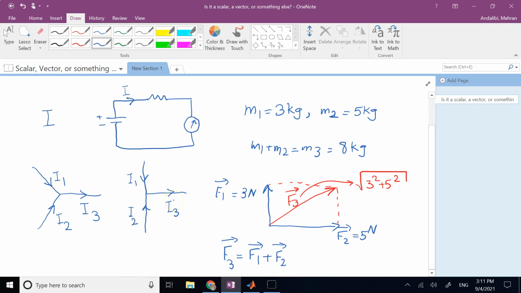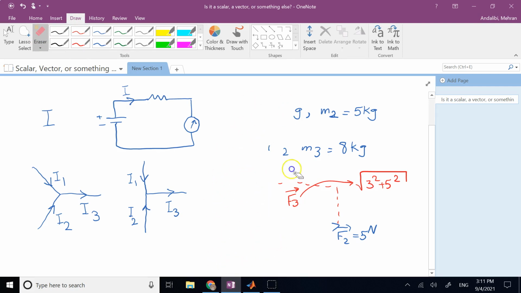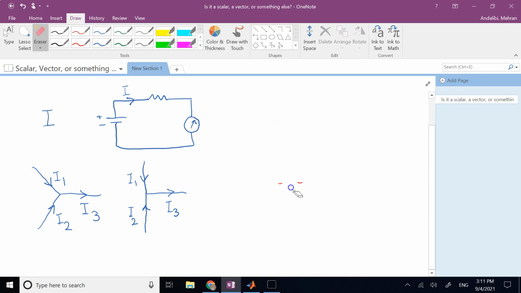Now the question is, what is the relation between I1, I2, and I3? My student would say, well, I3 is equal to I1 plus I2 in both cases.